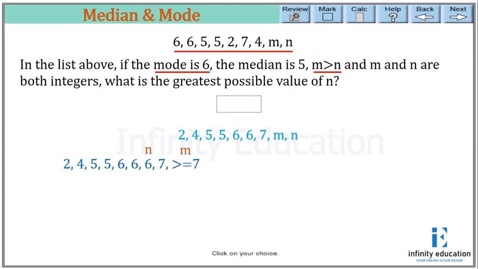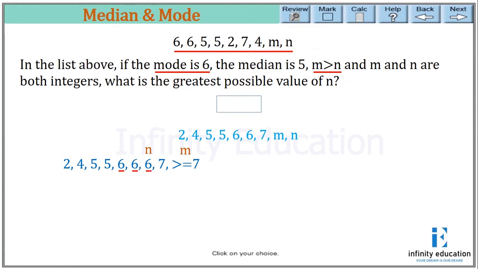So M has to be greater than or equal to 7, because M is greater than N and M and N are both integers. So if I consider N as 6 and M as greater than or equal to 7, we can see there are 9 data points.